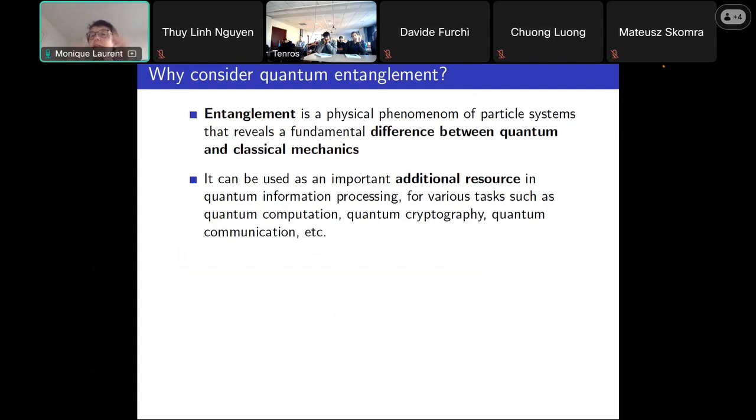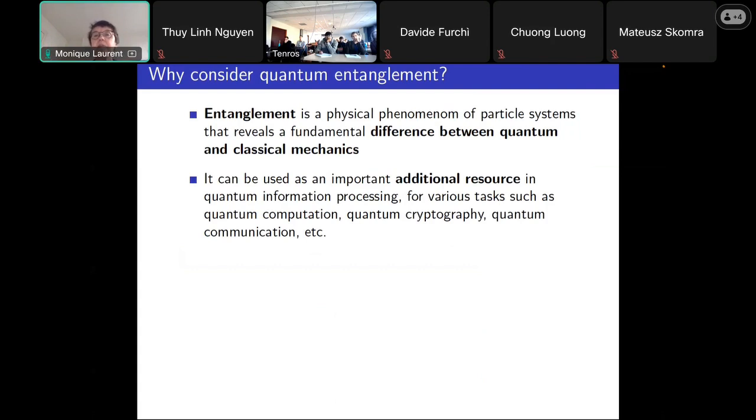And the point is that sometimes there are correlations taking place between the two subsystems which cannot be explained by the laws of classical mechanics. This is arising because of the existence of entanglement between the two separate quantum systems.